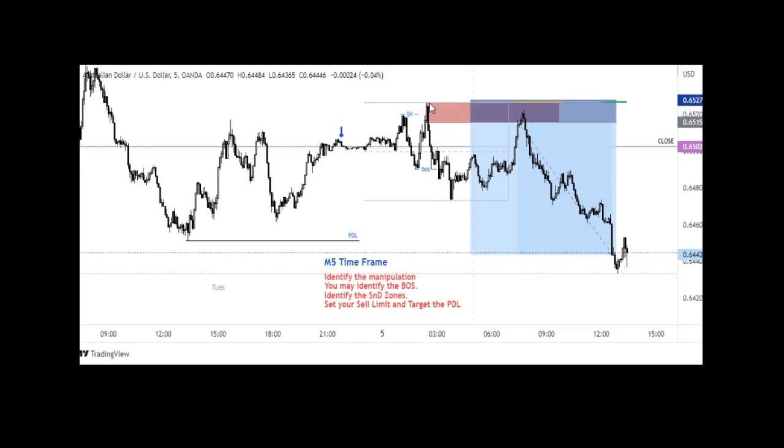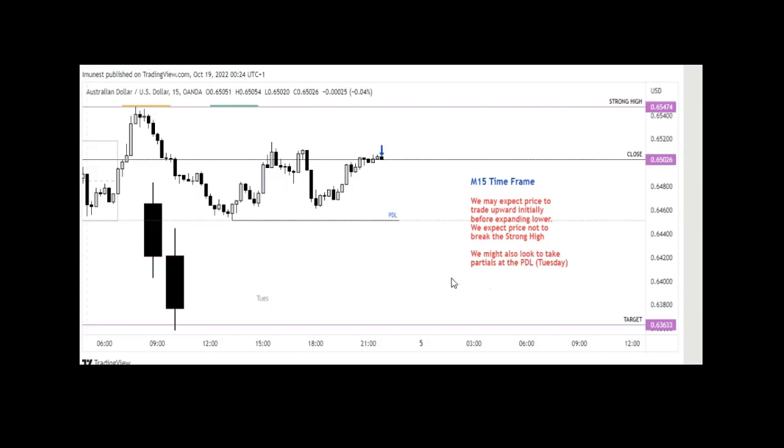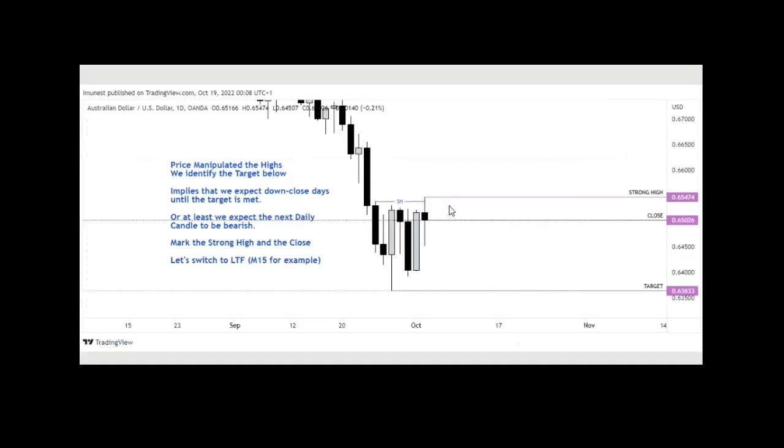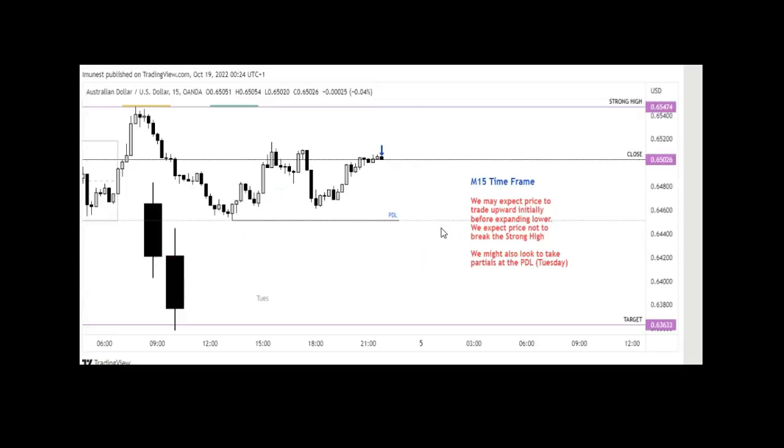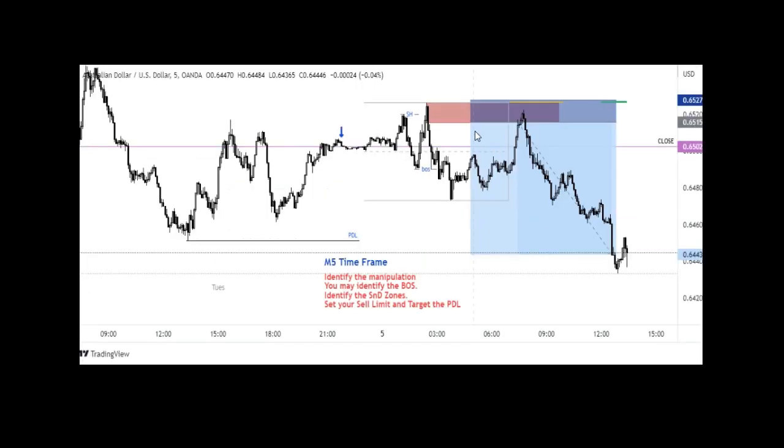So we identified the S&D zones and we set our limit and target. After knowing that the market is going to trade lower, this is just the first day. That's how you're going to do it.